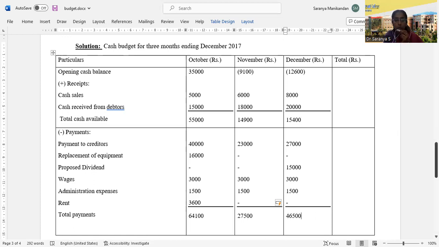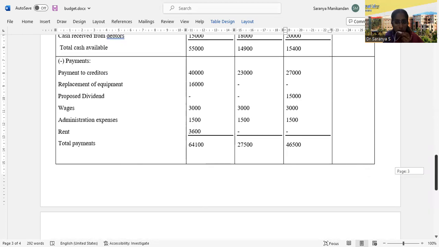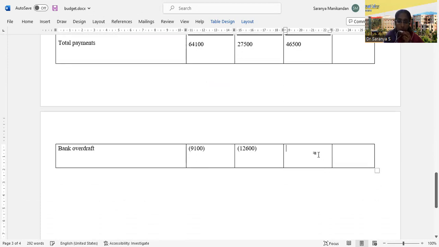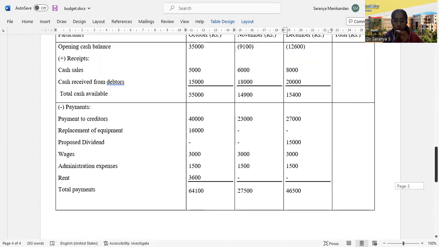So here also payment is more. We have only cash availability of 15,400, but then payment is more, 46,500. So we have to take an overdraft again. So minus 31,100. Okay, so December month, we got overdraft amount of 31,100.